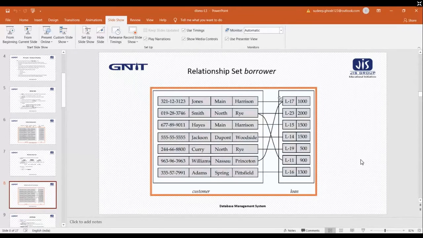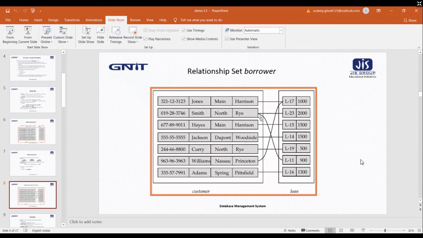So you can see that here single relationships are shown between Jones and this loan account. Okay, so Jones is associated with this loan account. Then Smith is associated with two loan accounts. Okay, you can see it.